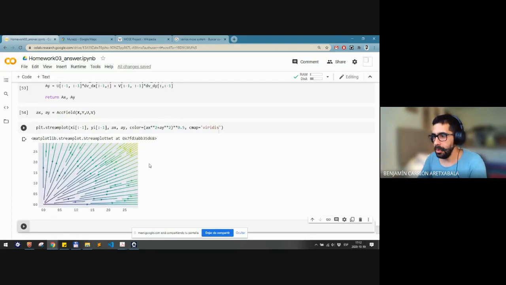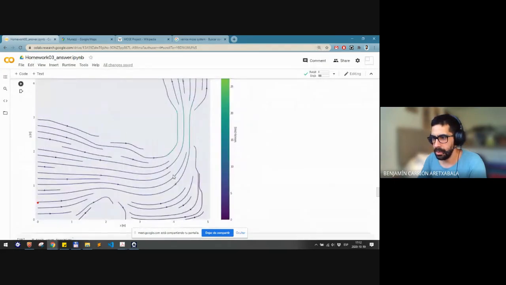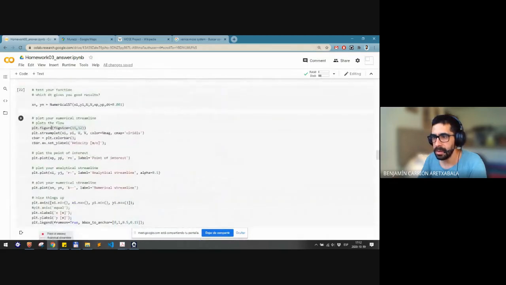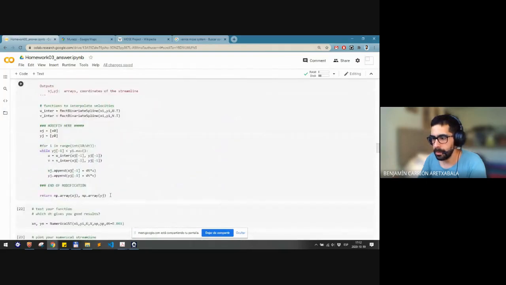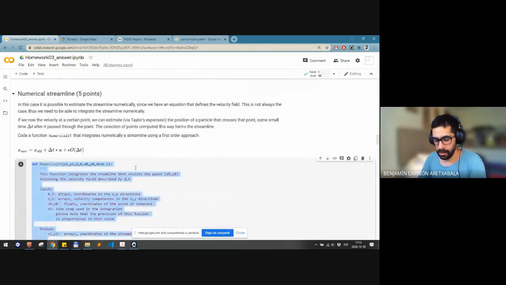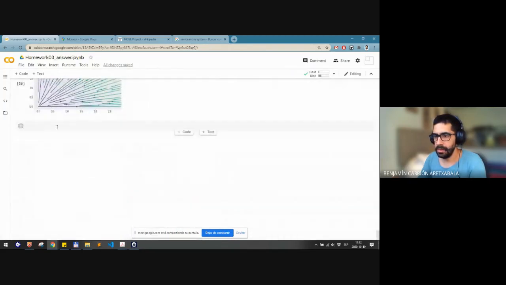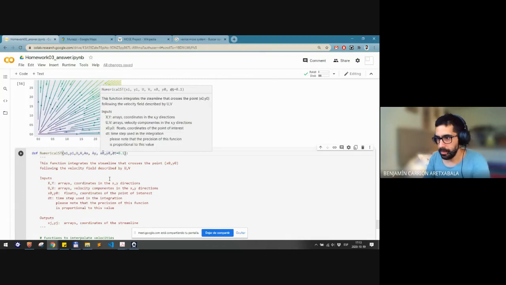Okay, and how do you incorporate this in your function? Let me just bring back my function. Is this one? I think. Once you have that, it should be more or less easy to incorporate. So we're going to incorporate here ax, ay.